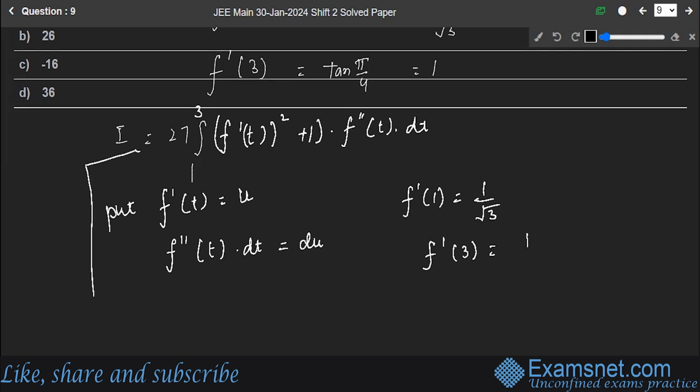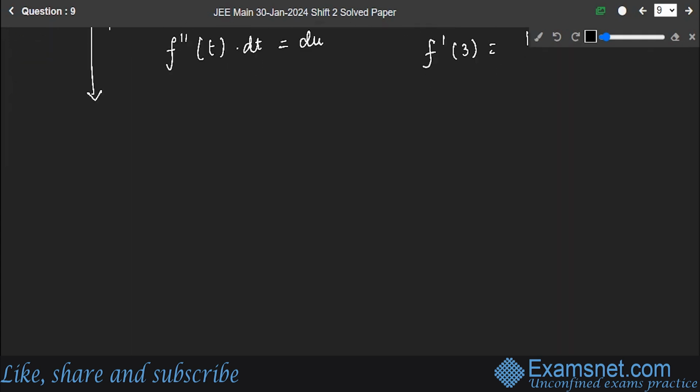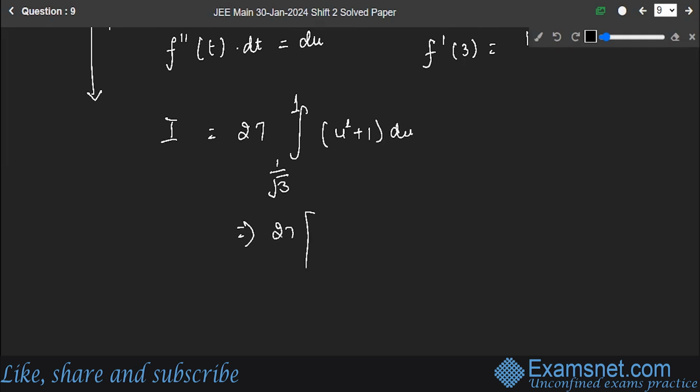So now this integral will become I is equal to 27 times the integral from 1 by root 3 to 1 of u square plus 1 du. This will be u cube upon 3 plus u with these limits. Now let's put the limits.